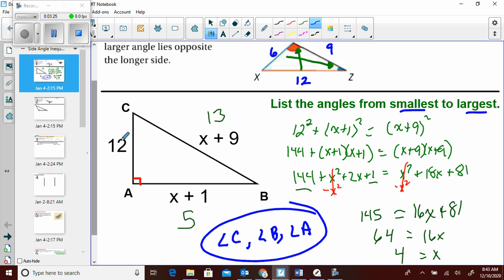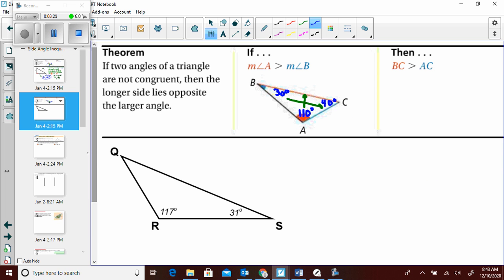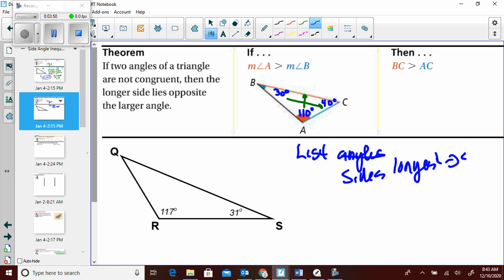If we know the bigger angle is across from the bigger side, the converse of that is the bigger side is across from the bigger angle. So here, we're going to list sides longest to shortest. To do that, I'm going to have to do my triangle angle sum theorem.